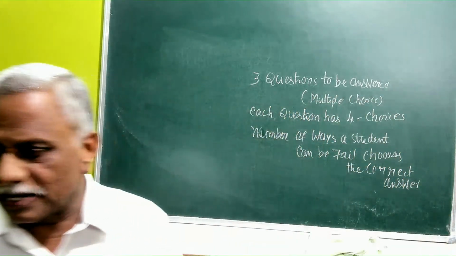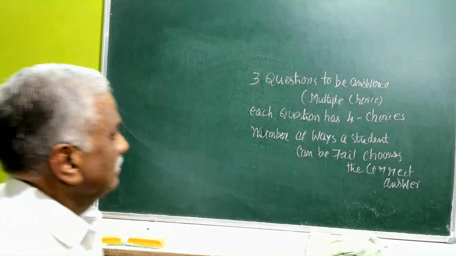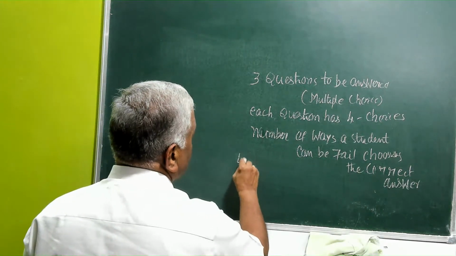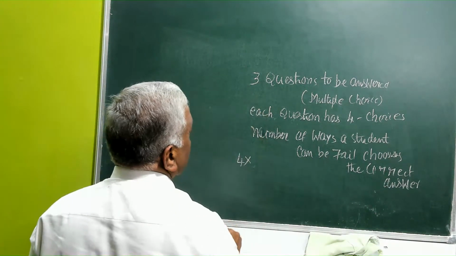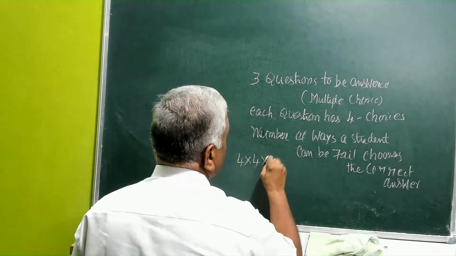This type of question has been asked in examinations. So, number of ways in which a student can answer: because there are 4 choices, you can answer the first question in 4 ways, the second question in 4 ways, the third question in 4 ways.